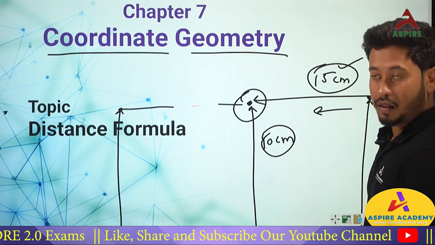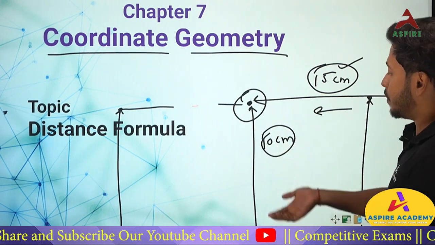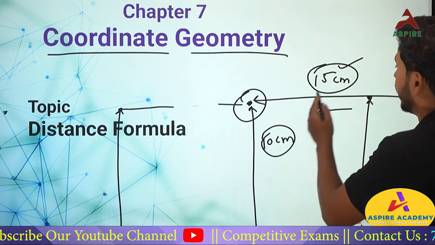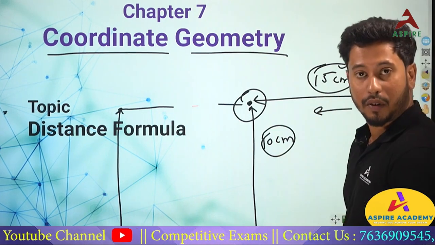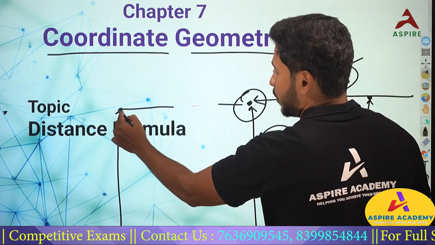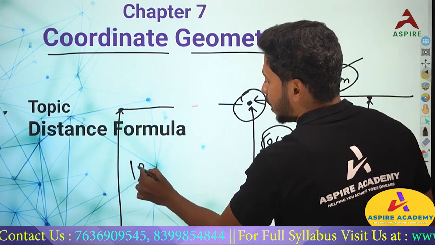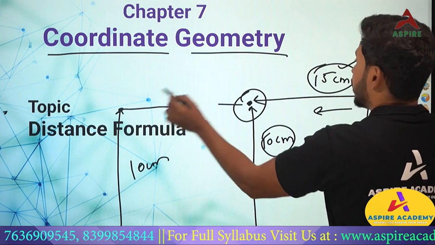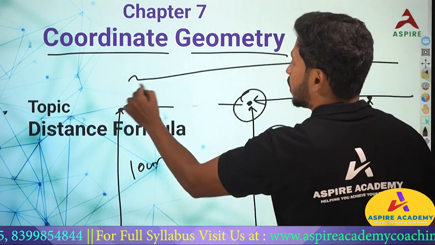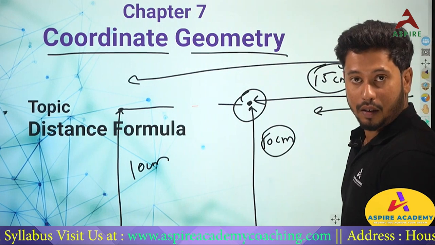The location of this point is 10 centimeter from the ground and 15 centimeter from the right side, right? If I say about this other point, this point is 10 centimeter above the ground, it is right, but this point is not 15 centimeter from the right side, it is more than 15 centimeter.